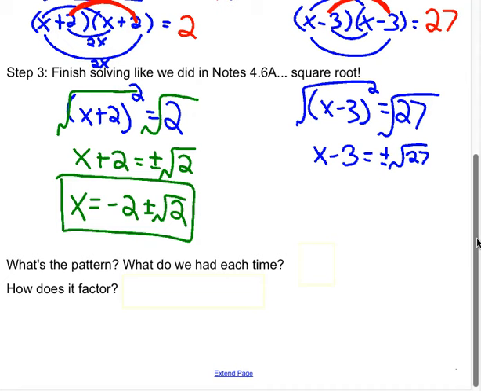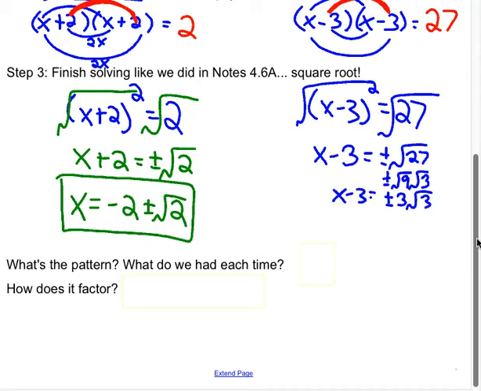Now, square root of 27. There actually is a way to break this down. 27 comes from 9 times 3. And the reason that I'm using 9 is because the square root of 9 is just the number 3.